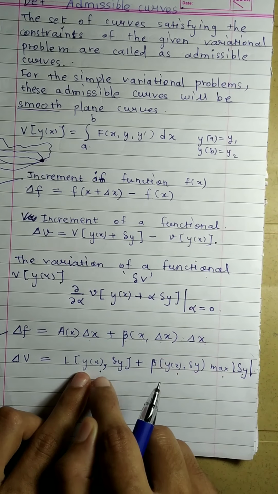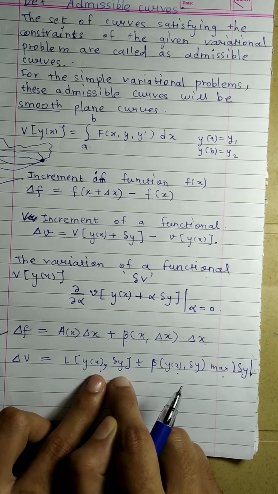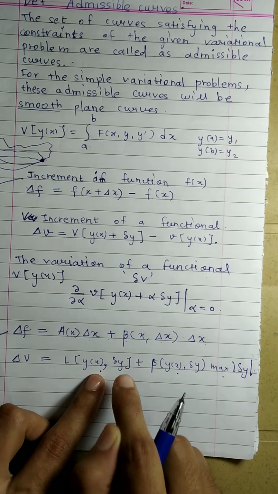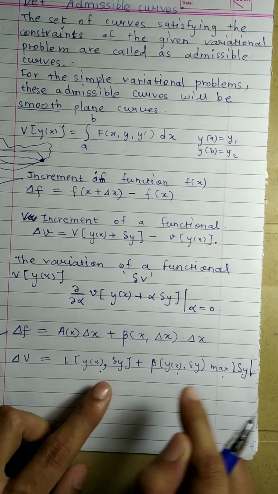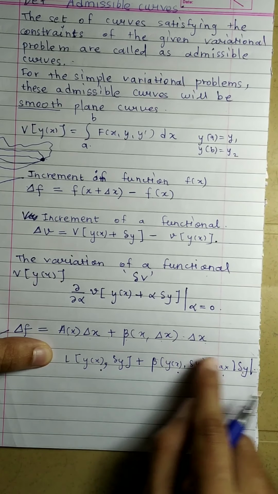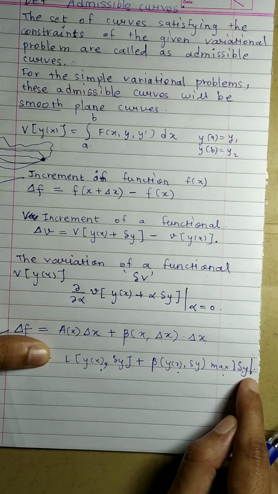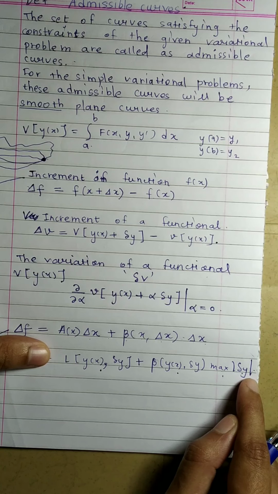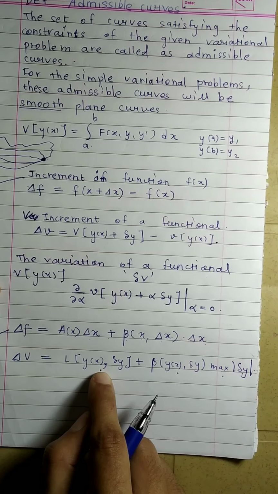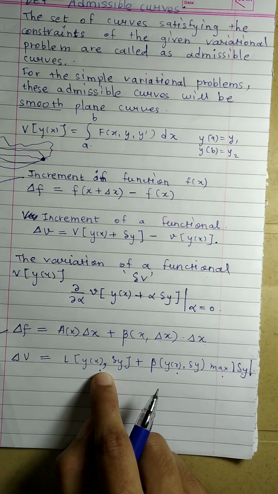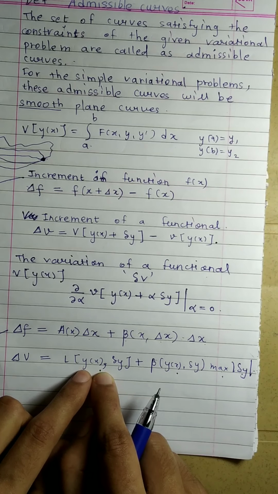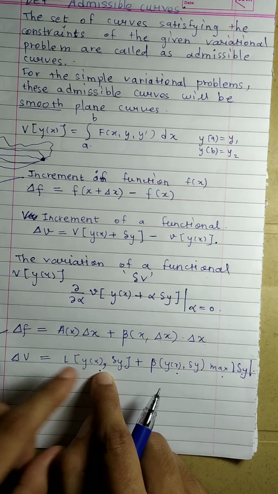That part is called the variation of the functional, and in this expression the part which is linear with respect to delta y is this part, and therefore this is called the variation of the functional.